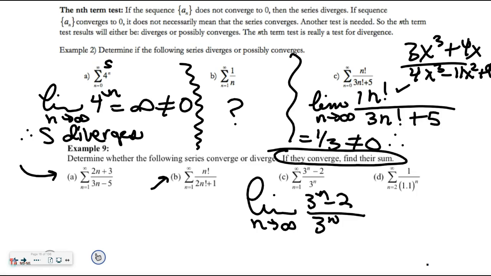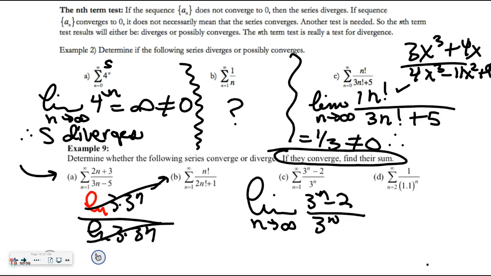Really, what do you think this is? 1. If I had to L'Hopital it, it'd be ln 3, 3 to the n over ln 3, 3 to the n, boom, boom. But if they test you on L'Hopital's rule, it will not be embedded in a series. So just confirm to yourself that this is 1. Then what do we write? Does not equal 0, therefore diverges.